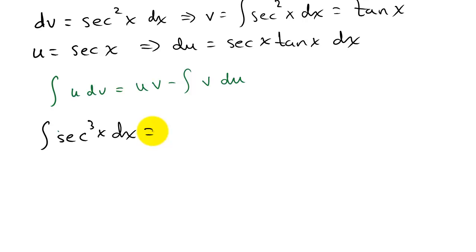Secant cubed x dx, that's going to be u times v.